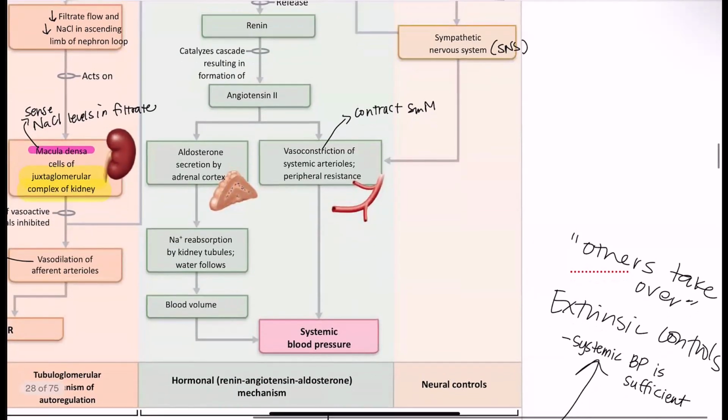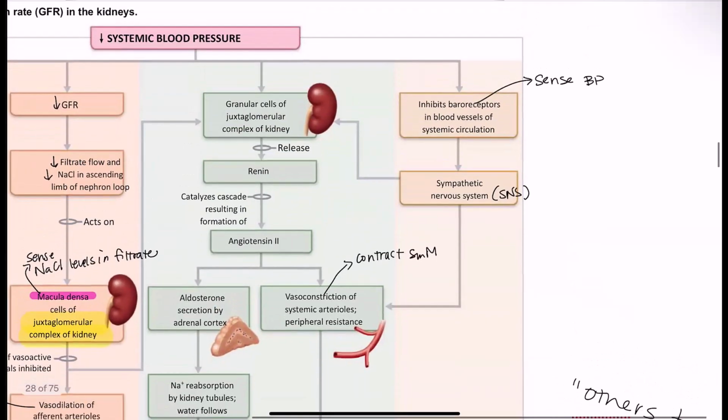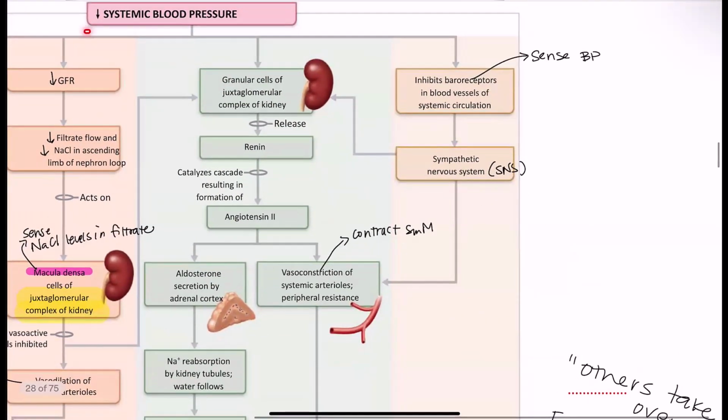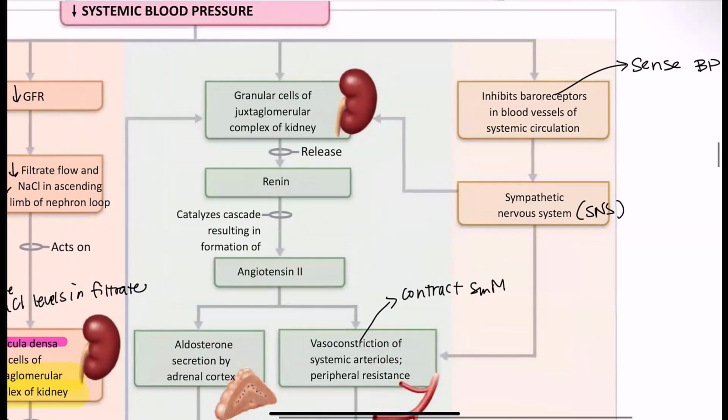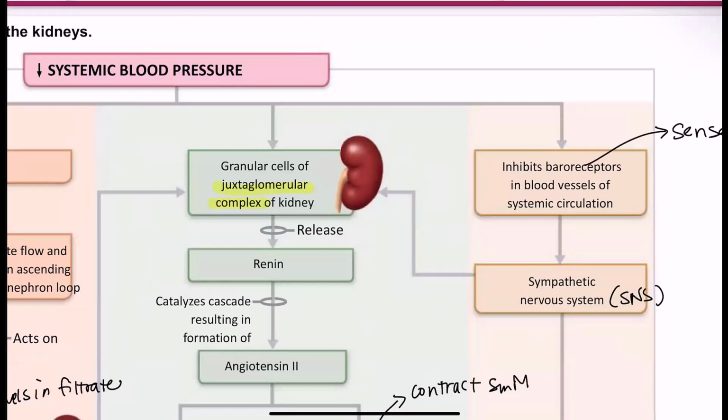We can also control systemic blood pressure hormonally with our extrinsic controls. And we've already talked about this, right? This is the renin, angiotensin, aldosterone system. So the same stimulus, systemic blood pressure falls. If systemic blood pressure falls, we have these cells in the juxtaglomerular complex of our kidney, the JG complex.